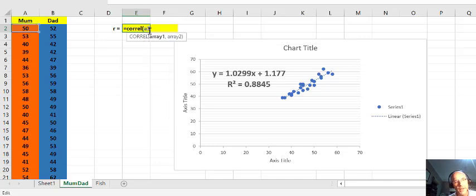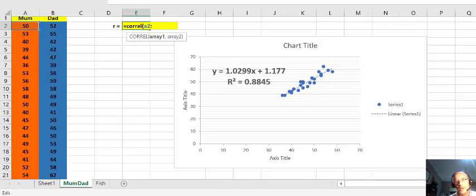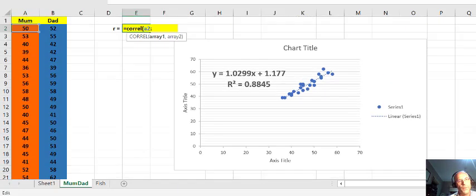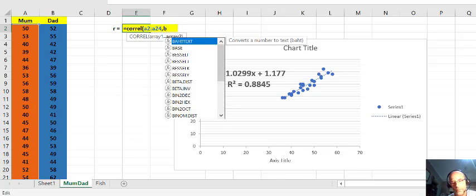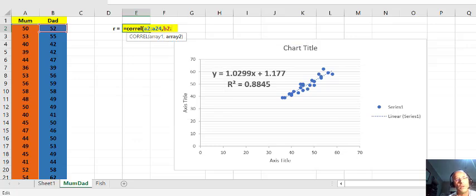That goes from A2 down to, using a colon, A24. And then you can see the syntax says comma array 2. So that's going to be Dad's ages, from B2 colon B24.